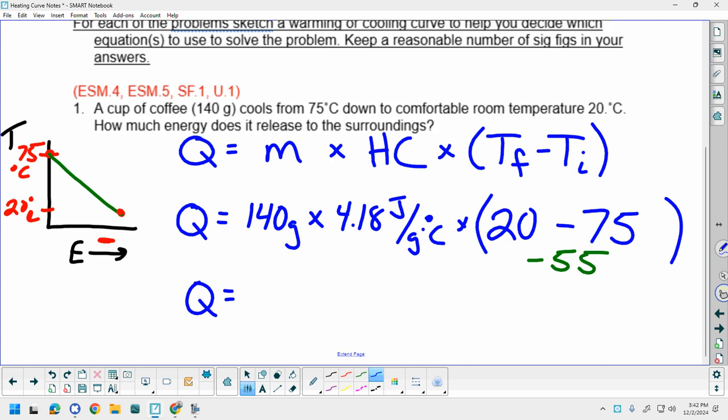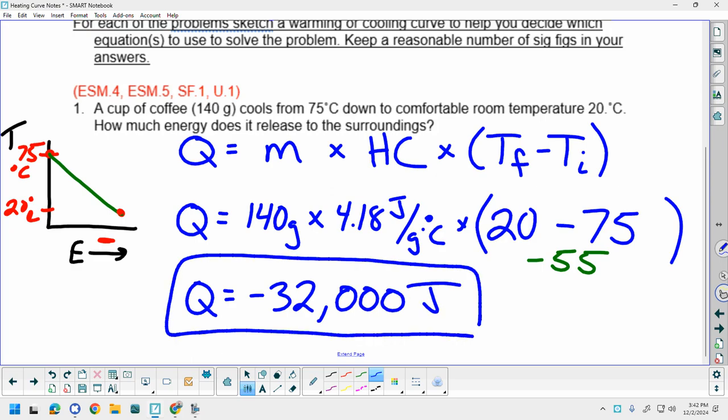To two significant figures, if you multiply all that out, we get negative 32,000 joules, capital J for joules, which is our unit of energy. So that's how much energy has to be removed from a cup of hot coffee as it goes down to room temperature.